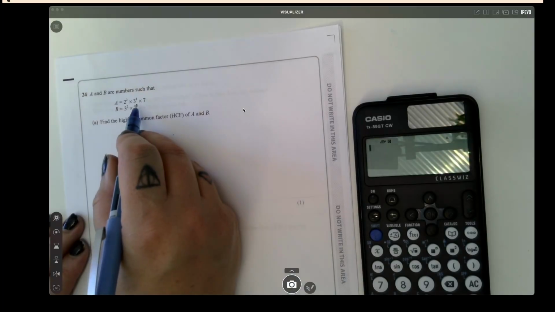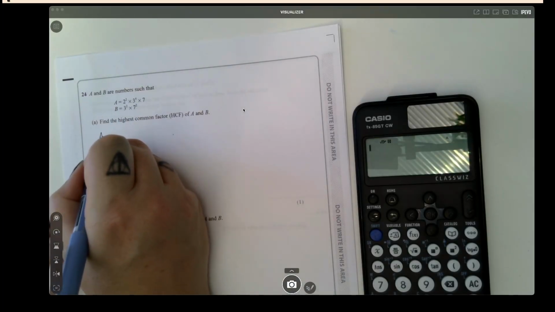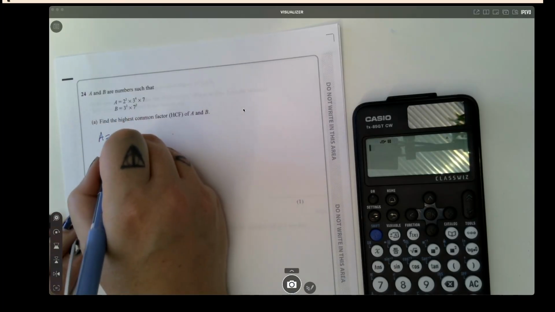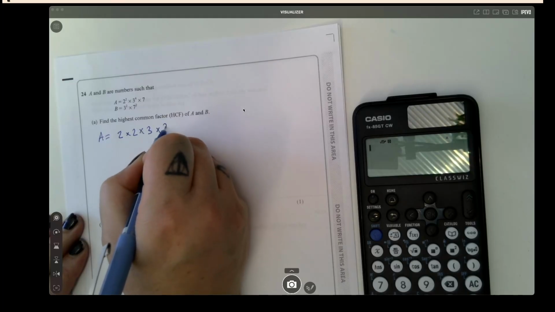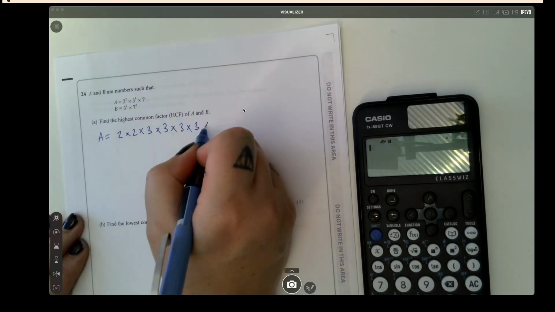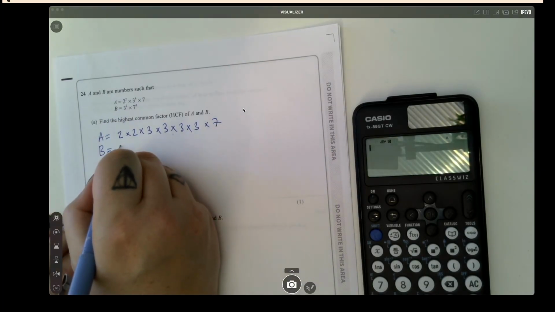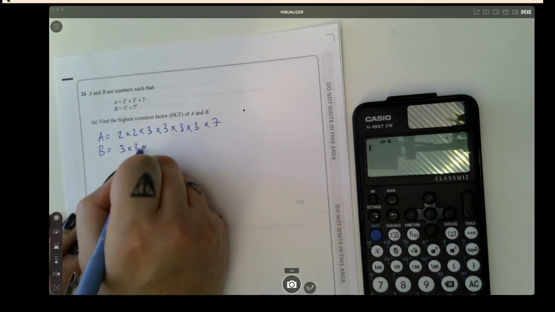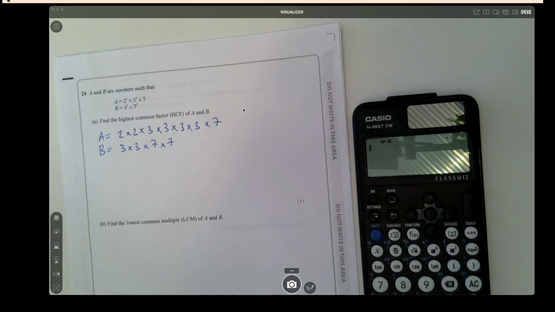To find the highest common factor, we're going to multiply all the common prime factors. So I'm just going to extend this out a little bit. A is 2 times 2 for 2 squared, times 3 times 3 times 3 times 3, 4 of them for that power of 4, times 7. I'm going to expand B as well. So it's 3 times 3 times 7 times 7. Now I'm going to pull out what they have in common.